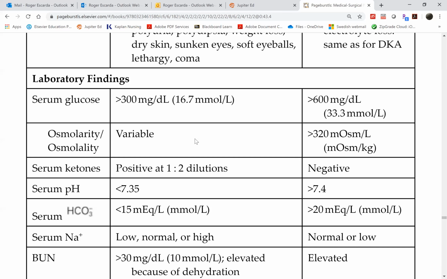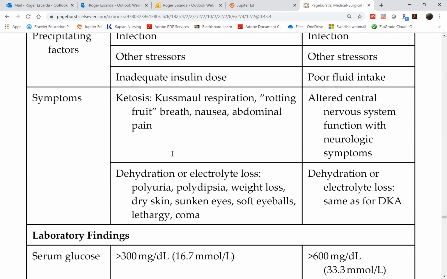Because now in order to neutralize the thickness of your blood, osmosis, which states water will move from an area of lesser concentration to an area of greater concentration. So therefore, if your blood sugar is high, that will increase blood volume, and this is what's responsible for the dehydration.